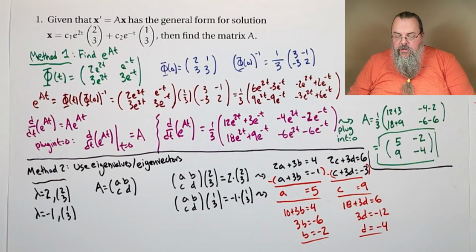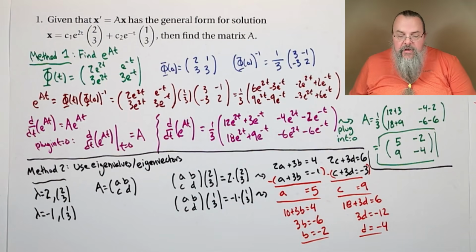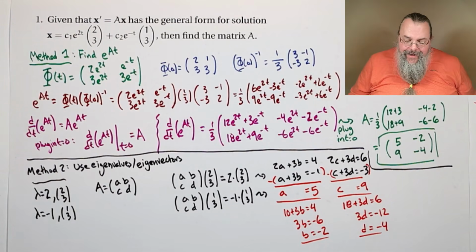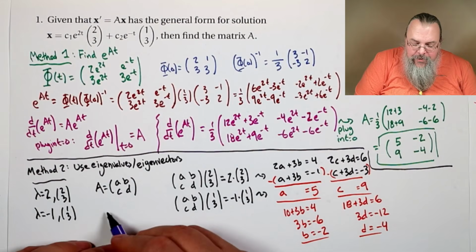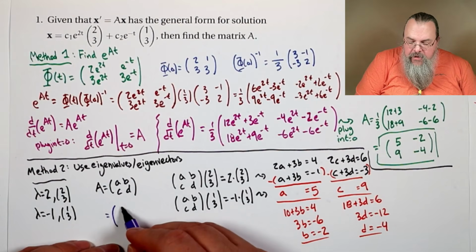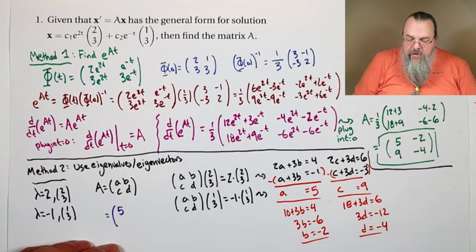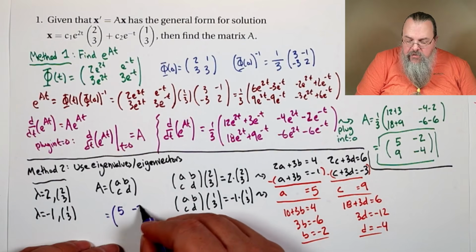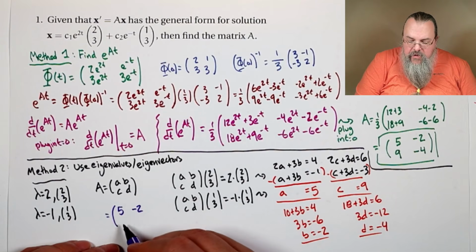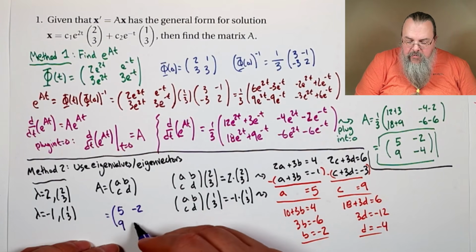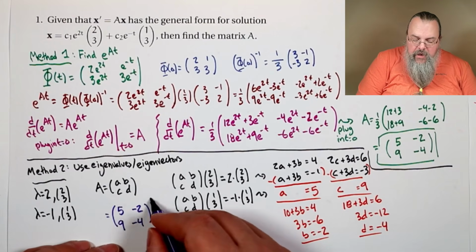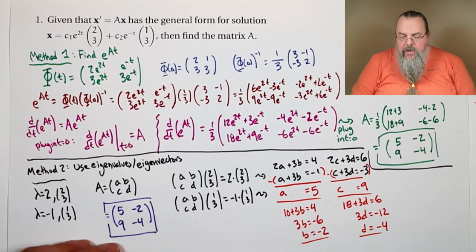Those are the entries in the matrix we're looking for. And so we put them in. So our matrix would be a is 5, b is minus 2, c is 9, and d is minus 4. And we're done.